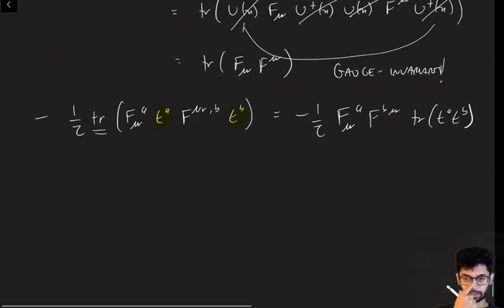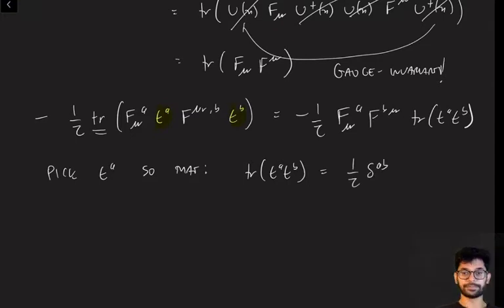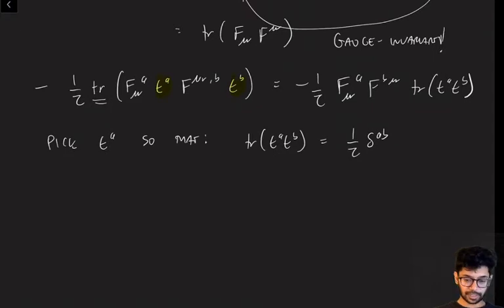Now, from your group theory course, you might recall that it's always possible to pick the generators of SU(N) so that the trace of T^a T^b equals one half delta^{ab}. This is a convention that we will use always; we will assume this is the case.